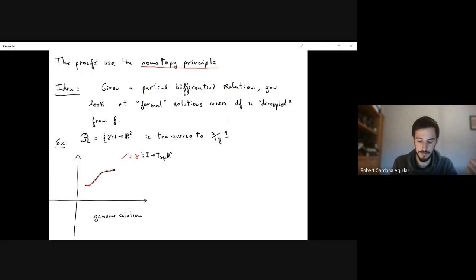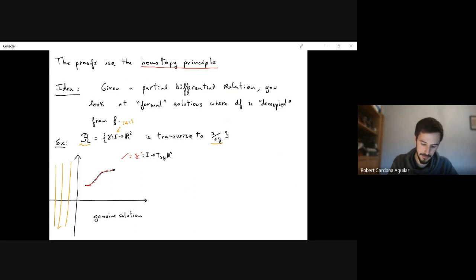So gamma is a path from the interval 0, 1 to the plane. And my differential relation, which I denote by calligraphic R, is for the path to be transverse to partial y, so to be transverse to the foliation by these leaves.